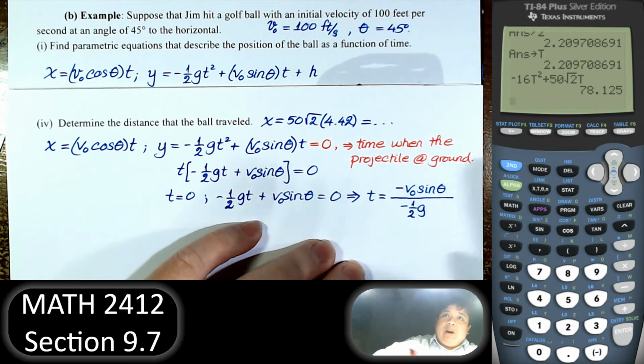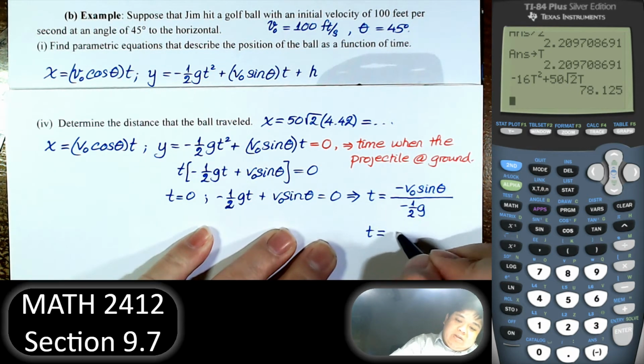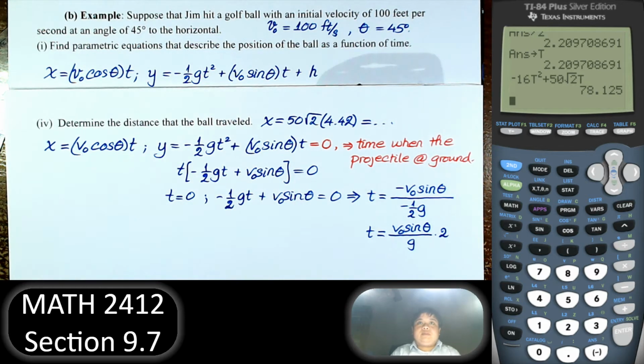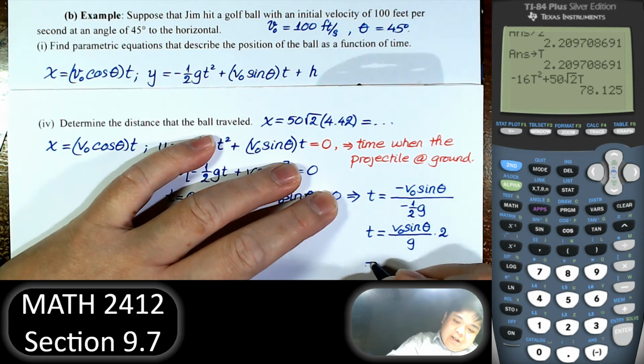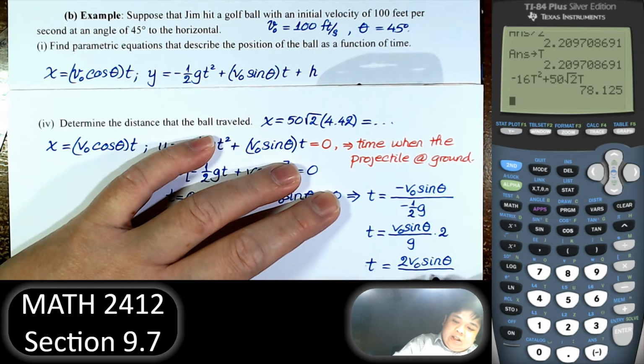Dividing by negative 1/2 is multiplying by negative 2, so the negatives cancel out. That gives us the time equal to 2 v naught sine theta over g.